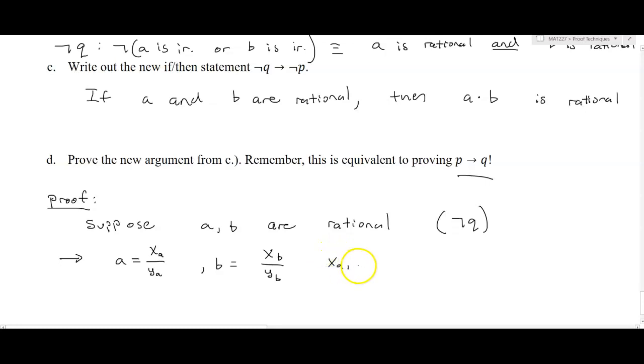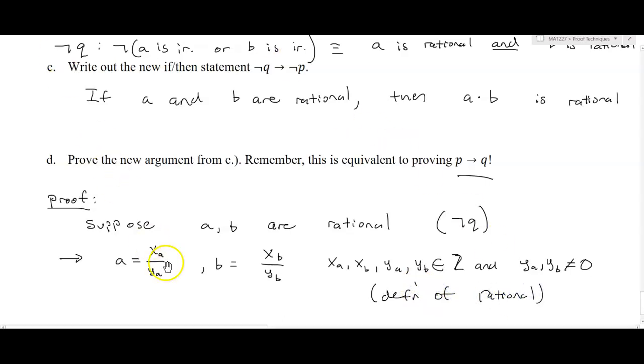Well, XA, XB, YA, and YB are all integers based on the definition of a rational number, and also the denominators can't be zero. So YA and YB are not equal to zero. And this is just the definition of rational number.